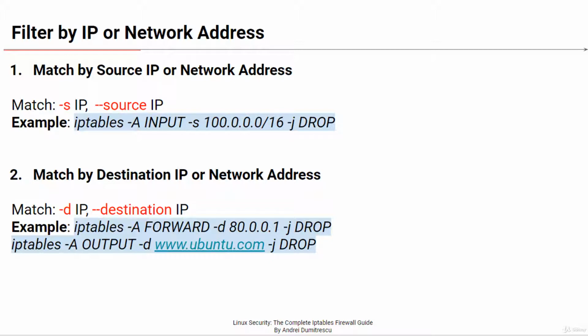In this lecture, we'll take a look at how to filter traffic based on source or destination IP or network address. We can match packets by source IP address or by source network address using -s or --source match option.